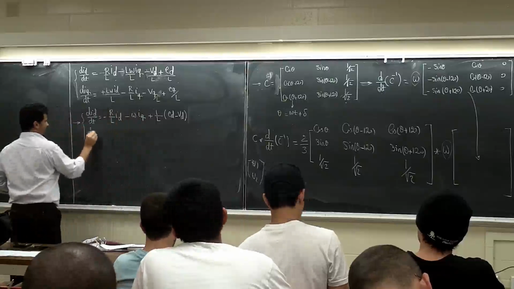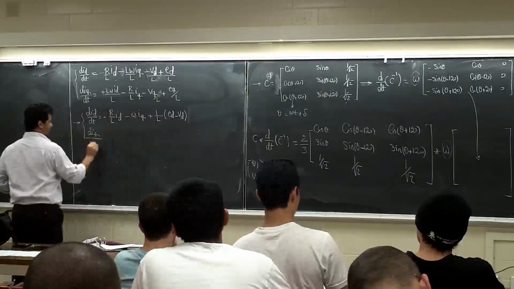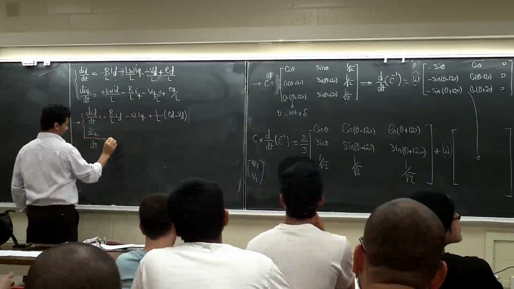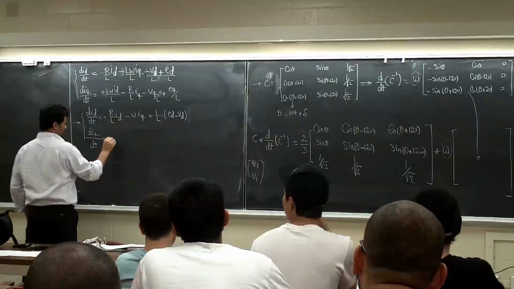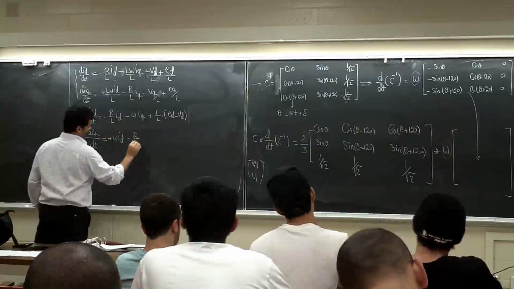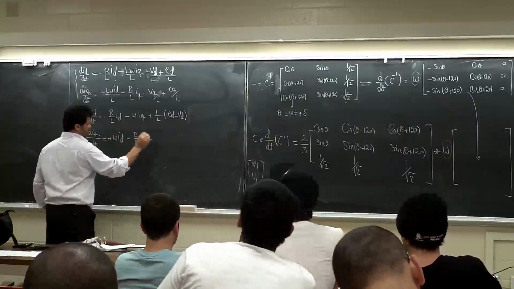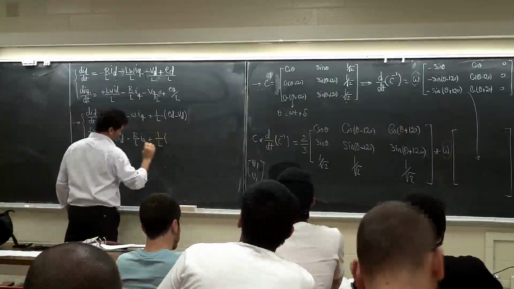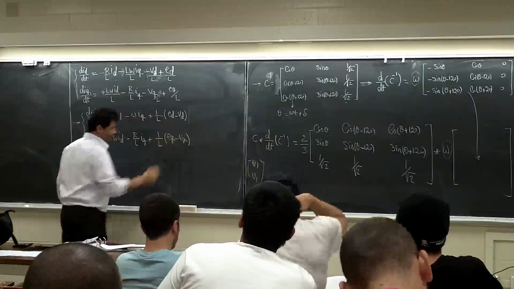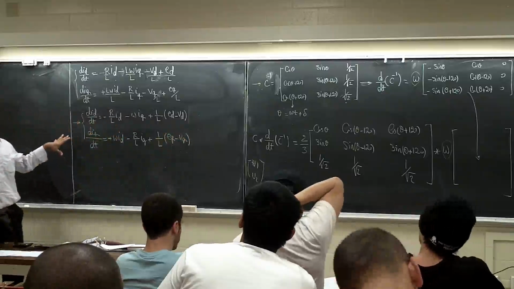And dIQ over dt is equal to plus omega ID minus R over L IQ plus 1 over L times EQ minus VQ. I want to put it in state space form.